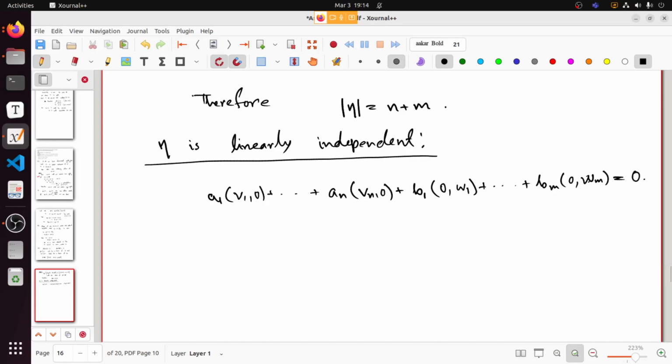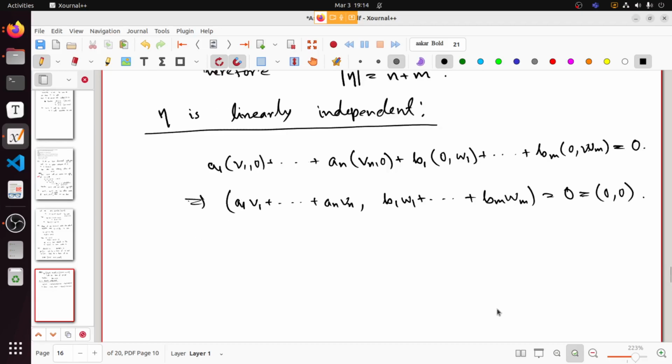Then you have to show that A1 up to An, B1 up to Bm are 0. So it will be (A1 V1 plus ... An Vn, B1 W1 plus ... Bm Wm). This is the 0 vector in V cross W, right?